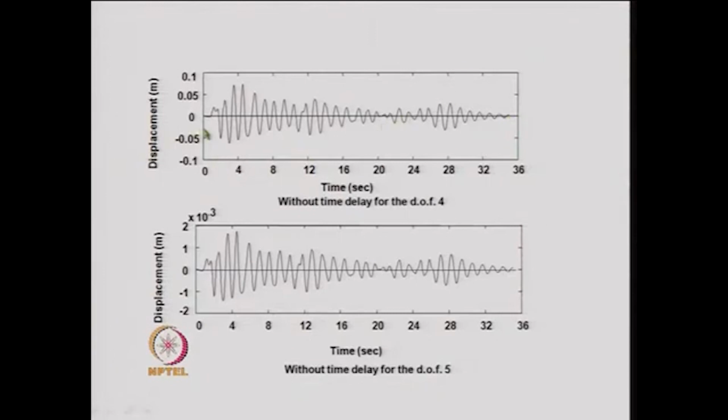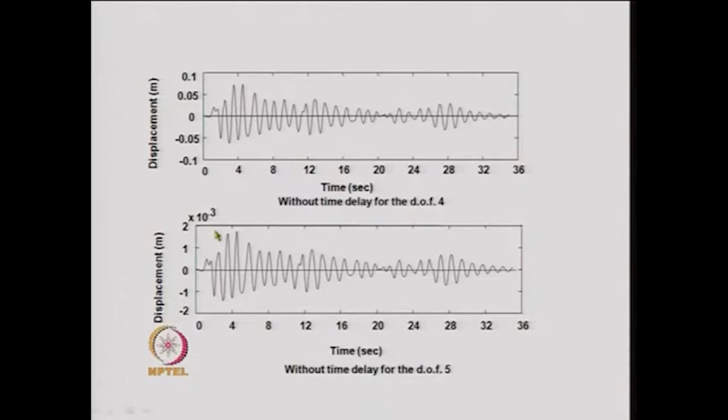For U1, rather the degree of freedom 4, that is the horizontal degree of freedom, the response displacement is about 0.075, whereas the vertical response at degree 5 is of the order of 2 times 10 to the power minus 3.